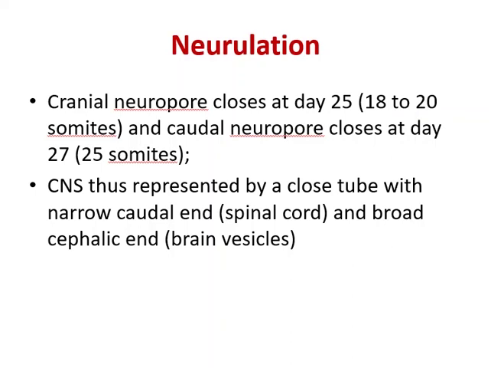Day 25 corresponds to 18 to 20 somites, and day 27 corresponds to the development of 25 somites. So the CNS is presented by a closed tube with a narrow caudal end that forms the spinal cord and a broad cephalic portion which is called the brain vesicles.